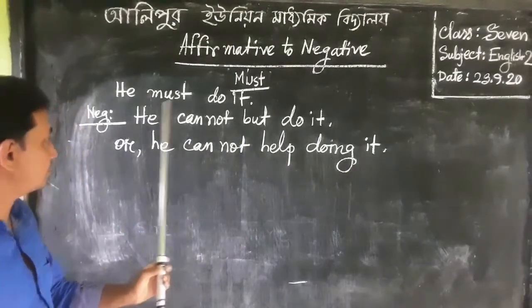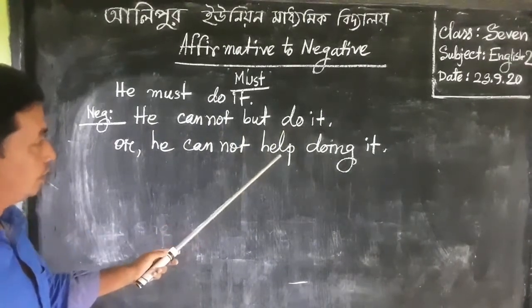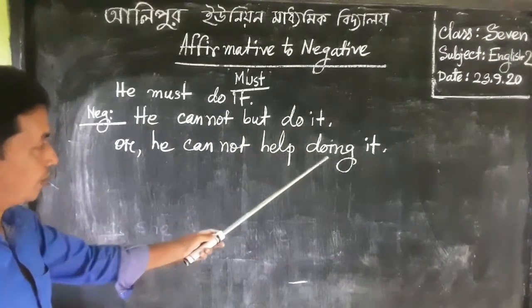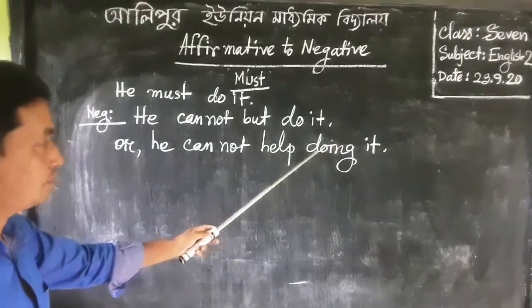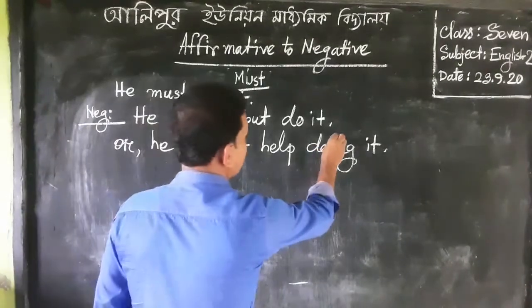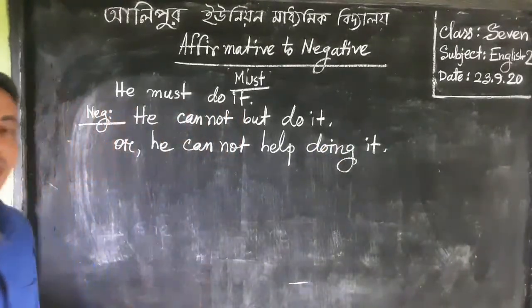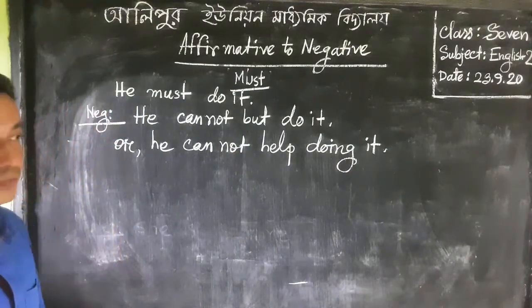In the first sentence, he cannot but do it. But when I write help, the verb is changed into gerund. That means verb plus ing. Okay, dear students. So must has two rules when we want to change the sentence into negative.